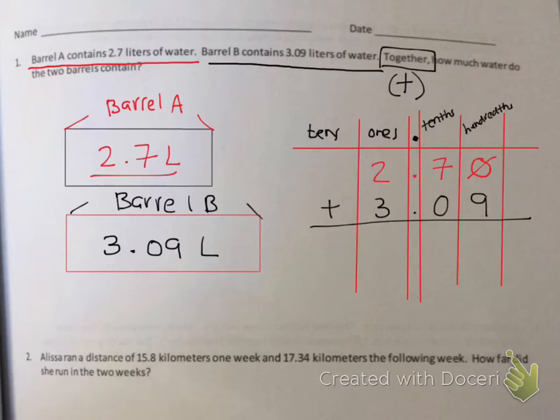So that we can just have something to add. So 0 plus 9 is going to be 9. Okay. 7 plus 0 is going to be 7. Don't forget the decimal point. And then 2 plus 3 is 5. So we're going to have 5 and 79/100.